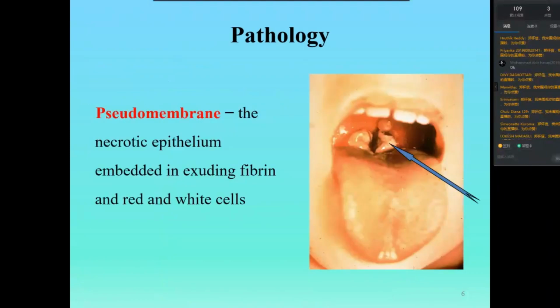And if a large number of cells die, it will cause a necrotic epithelium, including fibrin, red blood cells and white cells.